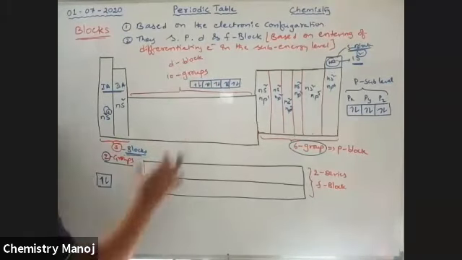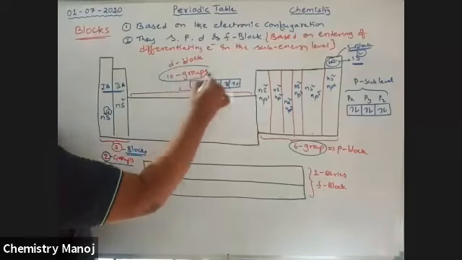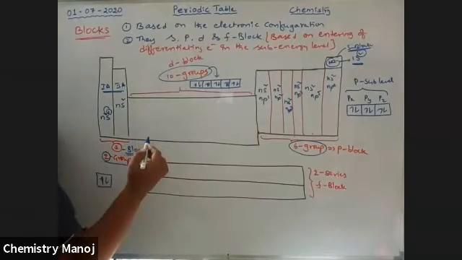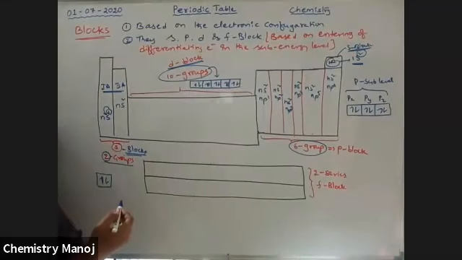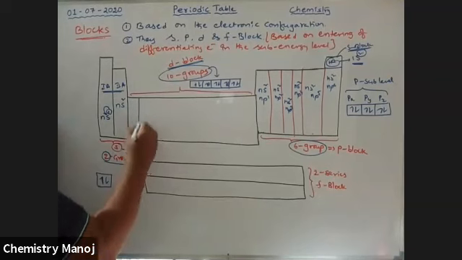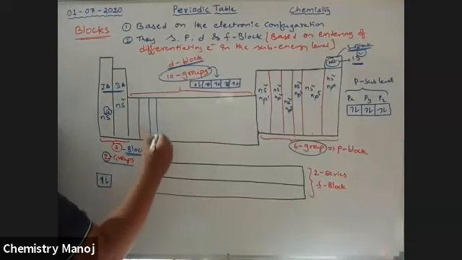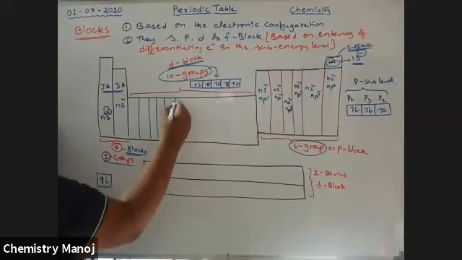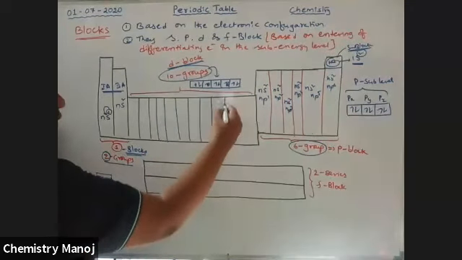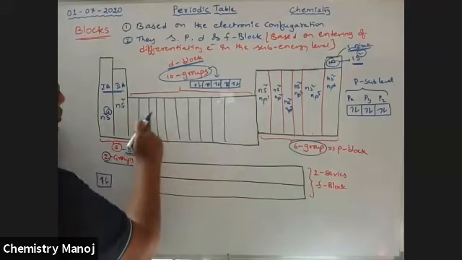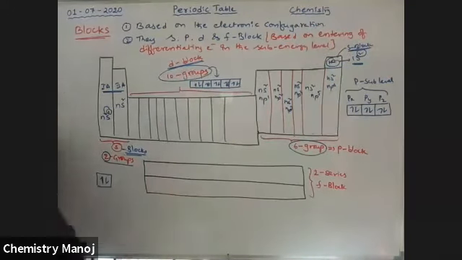That's why a total of 10 groups are available here. Therefore, D block contains a maximum of 10 groups. These are the D block elements.